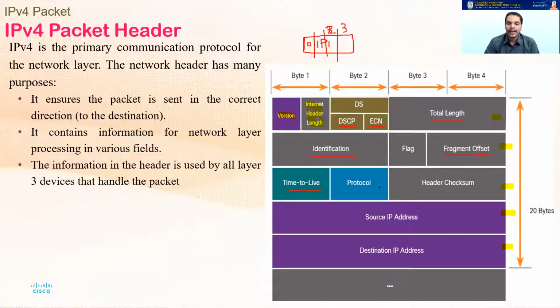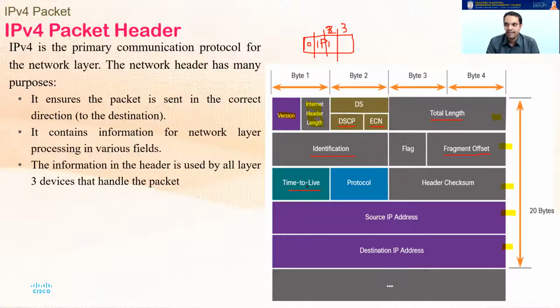Now I don't want a packet to stay indefinitely in the network. So if I have a network of maybe 30 nodes, for any destination in this network of 30 nodes, the maximum number of hops is 30. A hop is when a packet moves from one node to another. So I'll put 30 here.